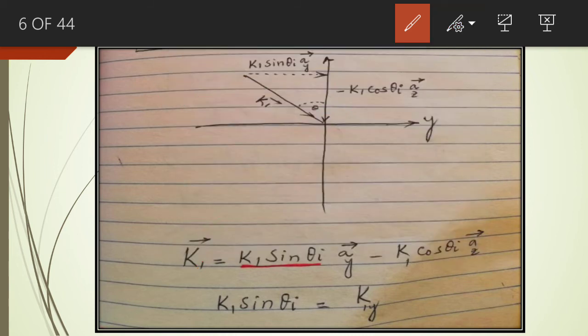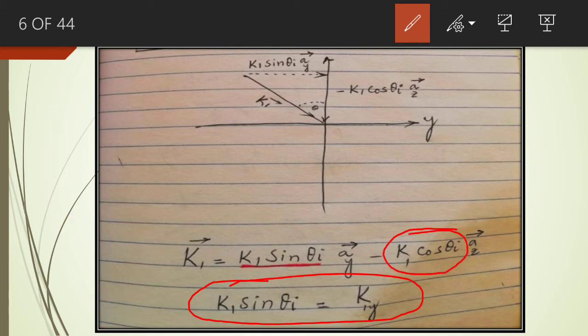Now we replace K1 sine theta I by K1y, because this is the magnitude of the component which is along y-axis, and we replace K1 cos theta I by K1z. Why? Because this is the magnitude of the component which is along z-axis.